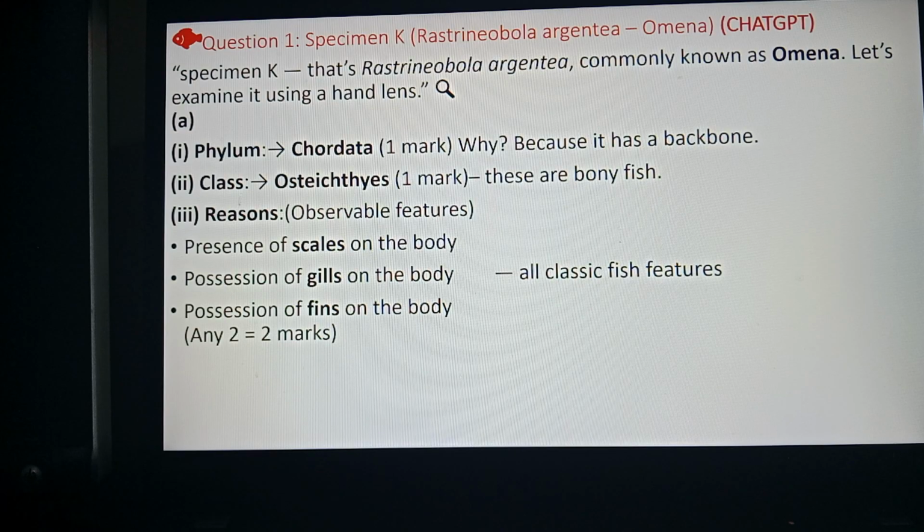Class is Osteichthyes. Pronunciation is a bit difficult. And this is because they are bony fish. Reasons: observable features, presence of scales on the body, possession of gills, possession of fins on the body. All are classic features of a fish.